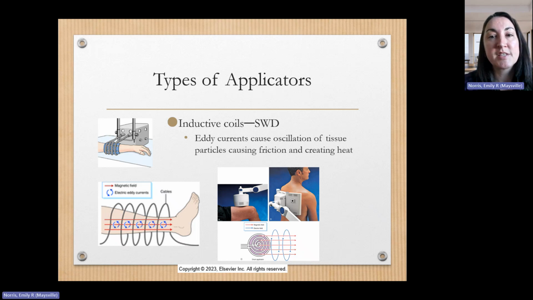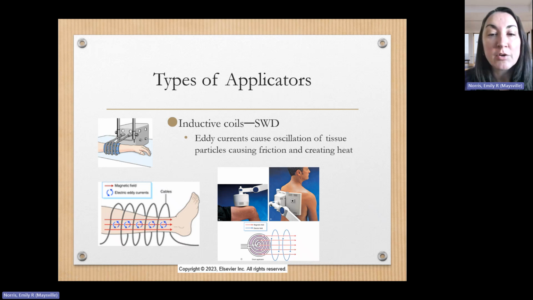There are 3 different types of applicators for diathermy. So one is the inductive coils. The ones on the left are great for picturing what's going on, but they're not really used in that form anymore because it was just really cumbersome for the therapist to wrap the coils around the treatment area. So the pictures on the right are the types of inductive coils that are used now. And they use a coil within the treatment head that just goes over the treatment area versus wrapping around the whole limb.